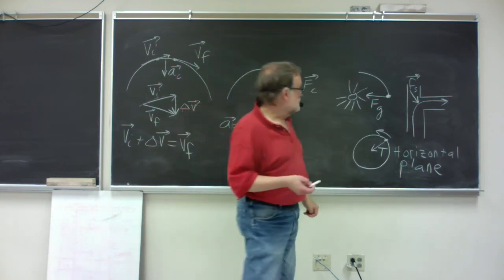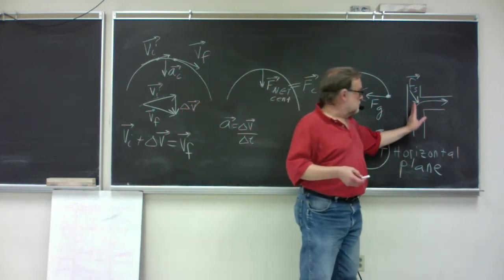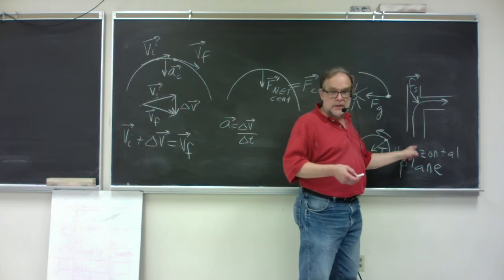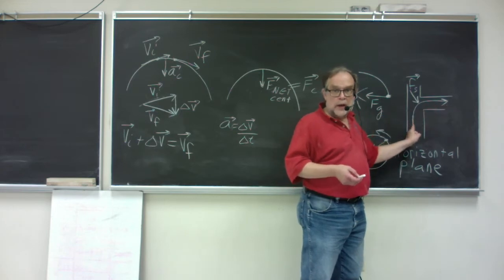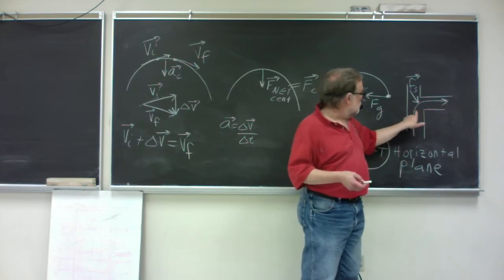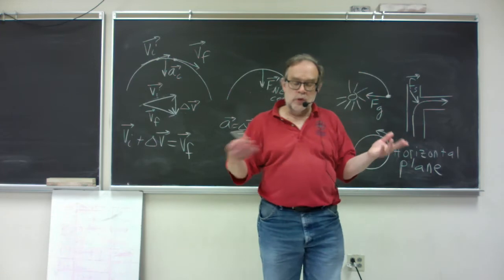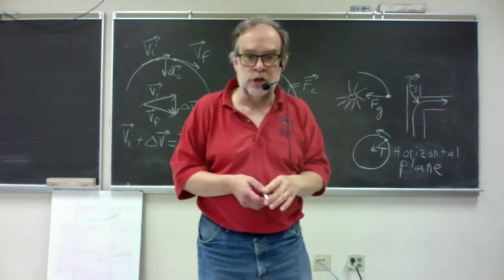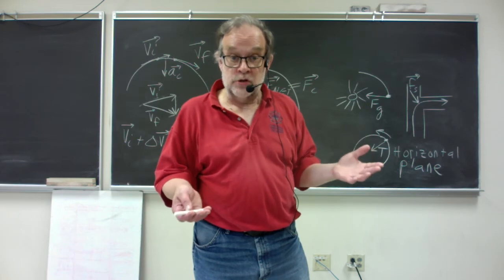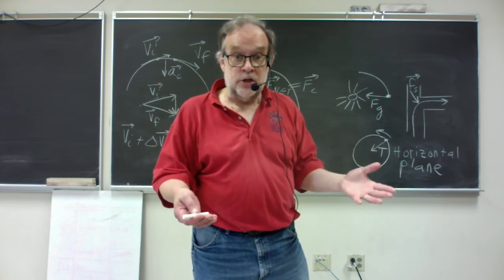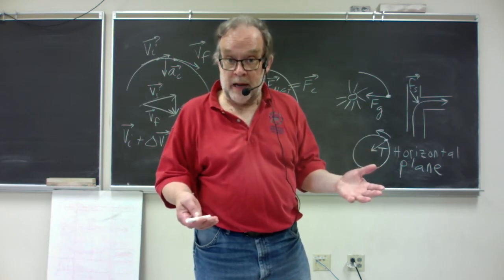Another example, say you're driving down the street and you're going to make a right turn, and here's the view of you as seen from above. You make the right turn like this. While you're turning, you're moving in a curved path that we can say is pretty close to circular. So if you have circular motion, there must be a centripetal force that's making you move in a circular path.